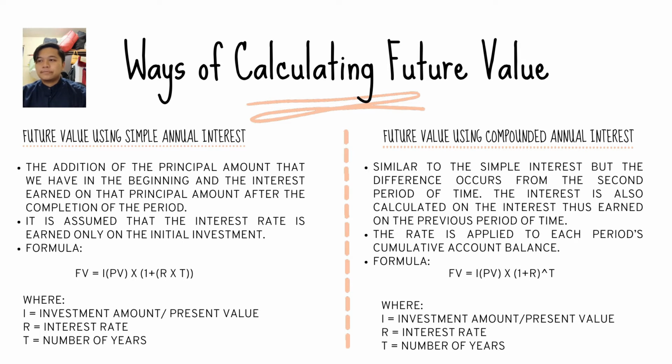The rate is applied to each period's cumulative account balance. The formula is FV equals I times 1 plus R to the power of T, where I is the investment amount or present value, R is the interest rate, and T is the number of years.